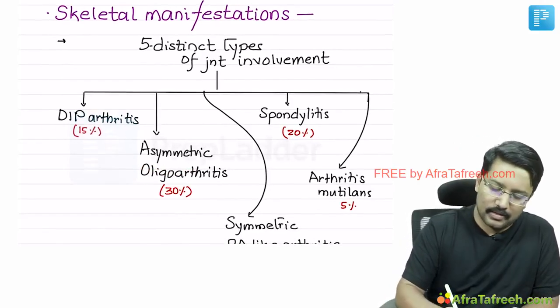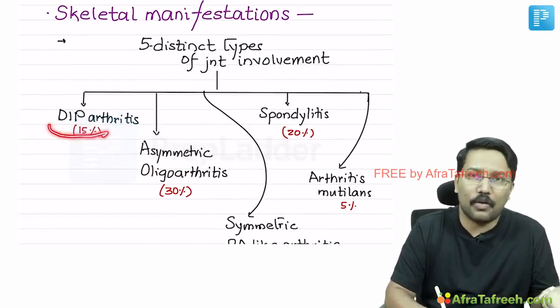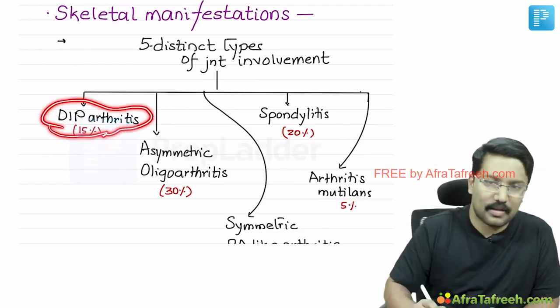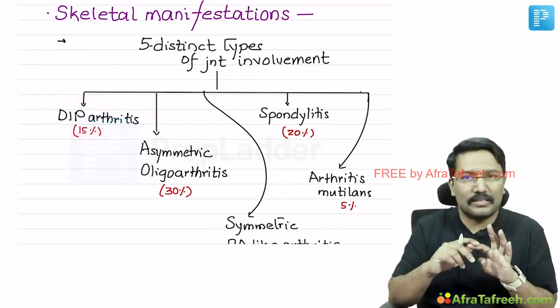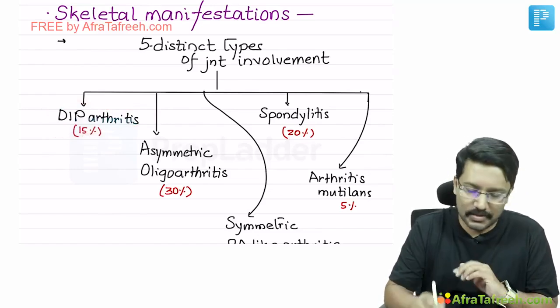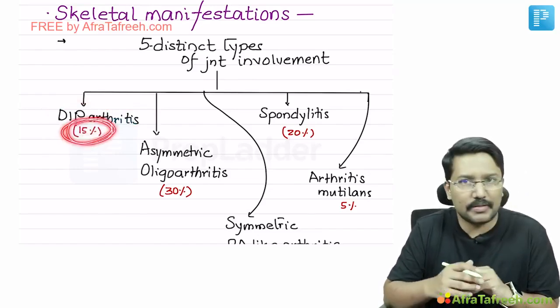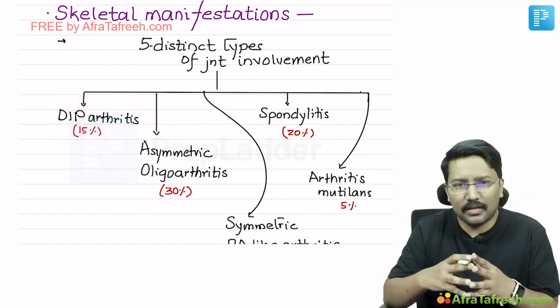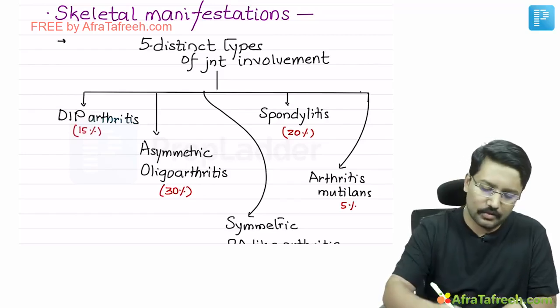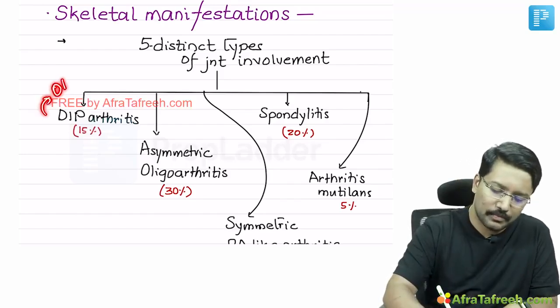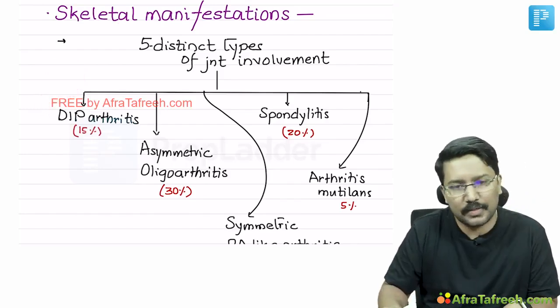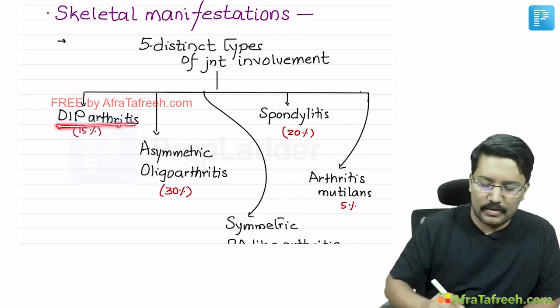Type number 1, something very characteristic of psoriasis, is the DIP arthritis, isolated distal interphalangeal joint arthritis, which is seen in 15% of the patients. Okay, where else do we hear DIP involvement? Right, you're right. We hear DIP involvement in case of osteoarthritis also, right? So that is one type.